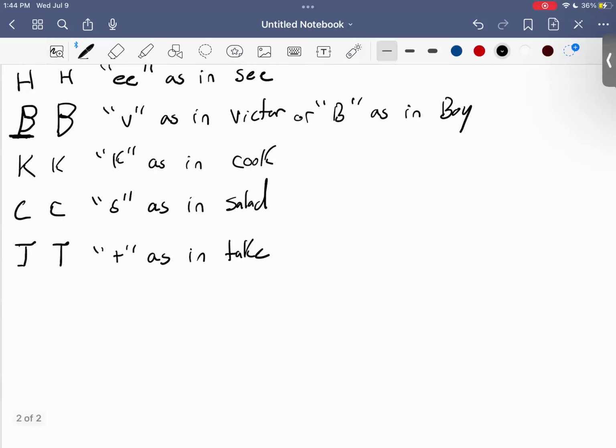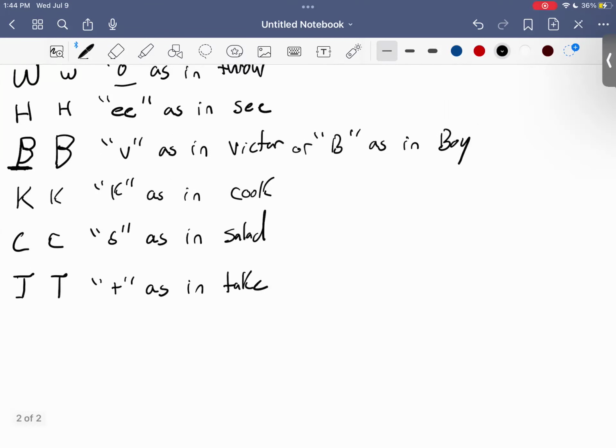The next that we're going to have is T, and this is worth introducing here. This is the uppercase. This is going to make a T sound as in T. There's a difference. Even when it's followed by a vowel, that's going to make a T sound.